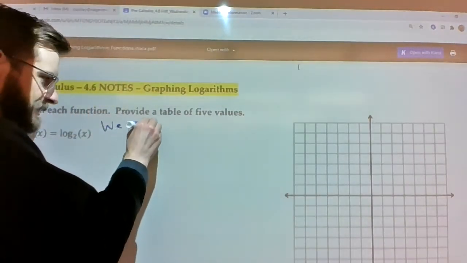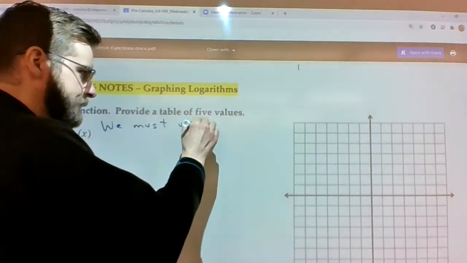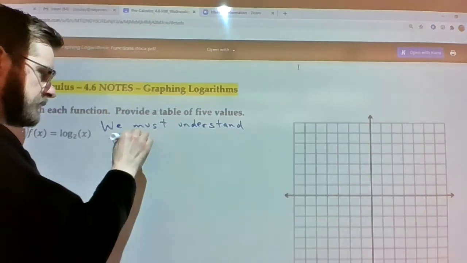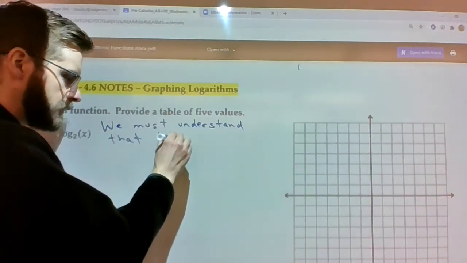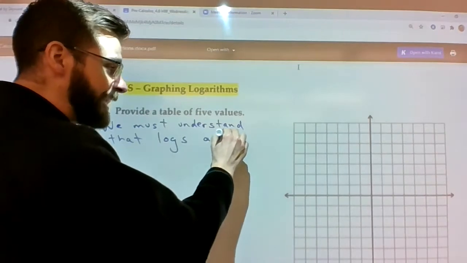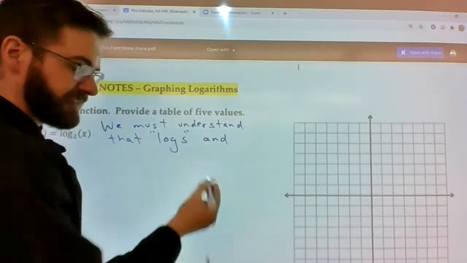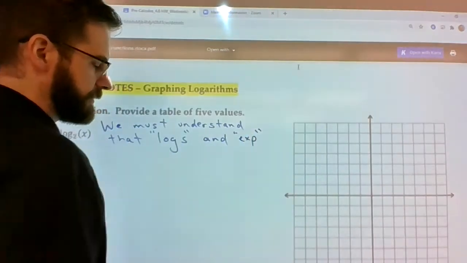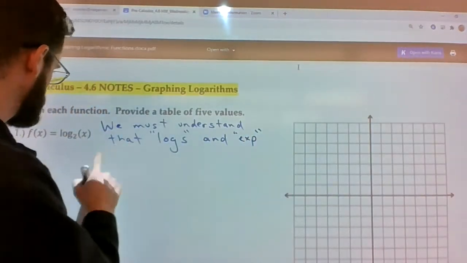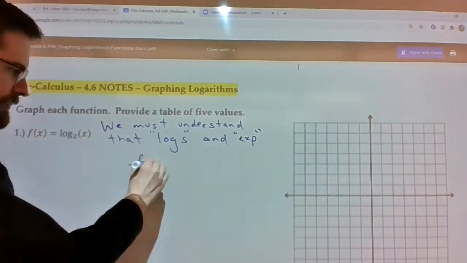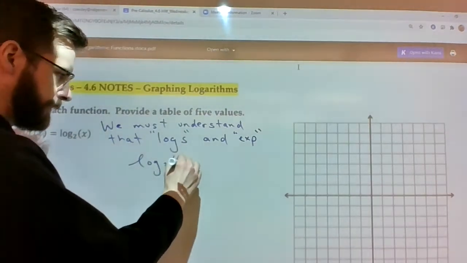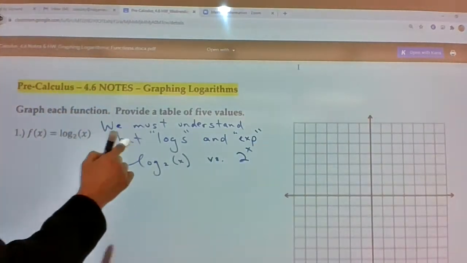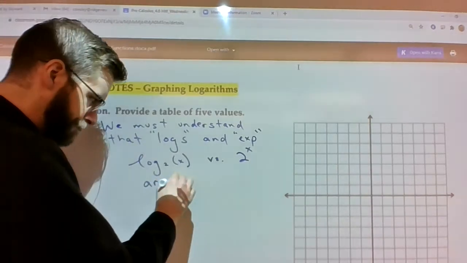We must understand that logs and exponentials, I'm going to put logs because they're logarithms, and exponentials, those two functions, so log base 2 of x versus 2 to the x are inverses.